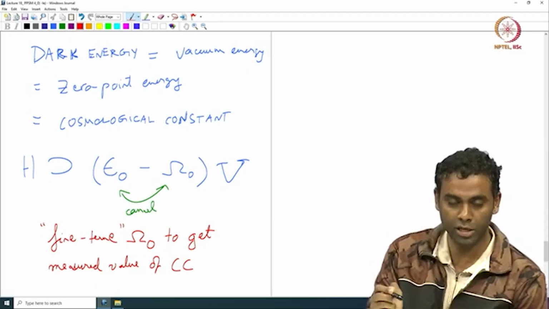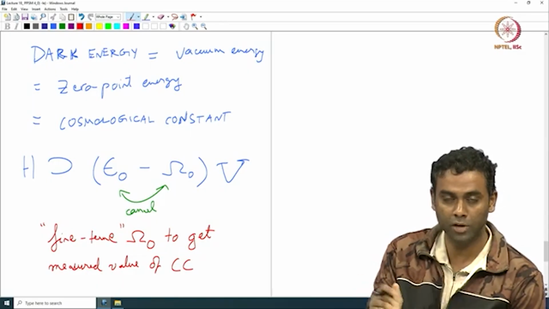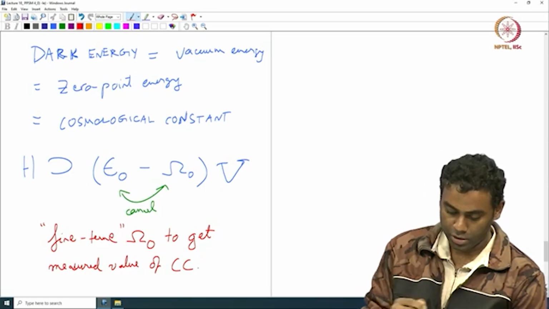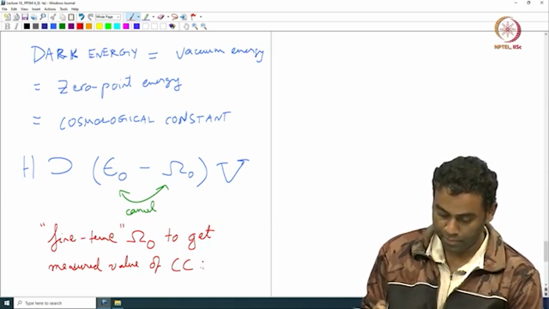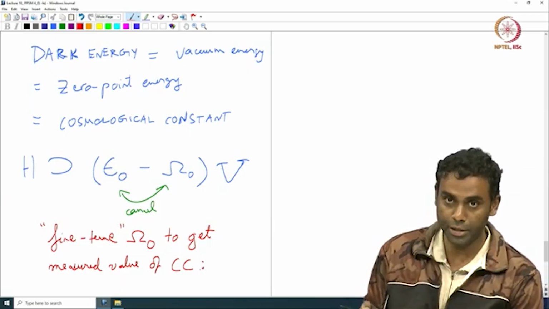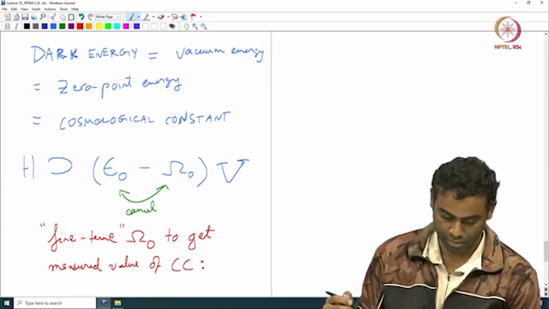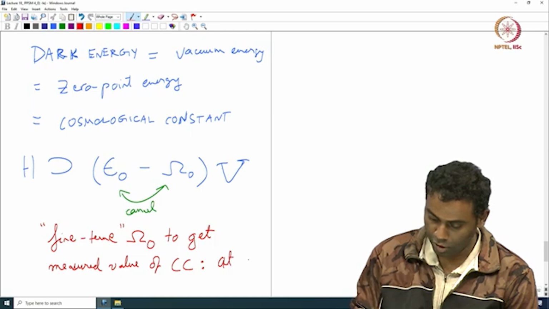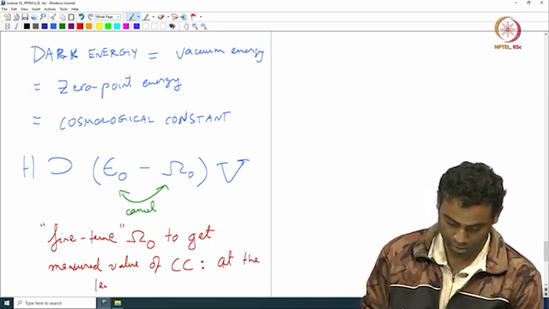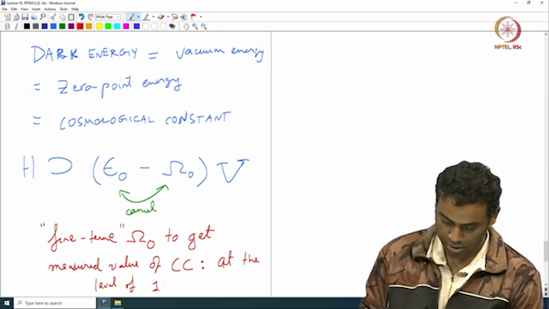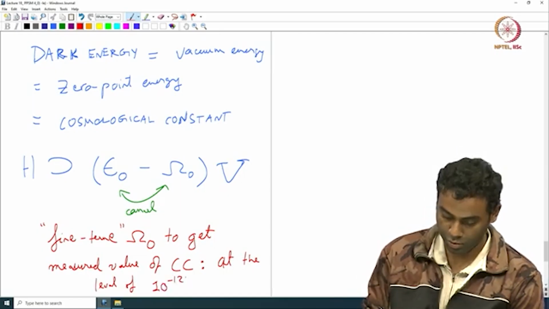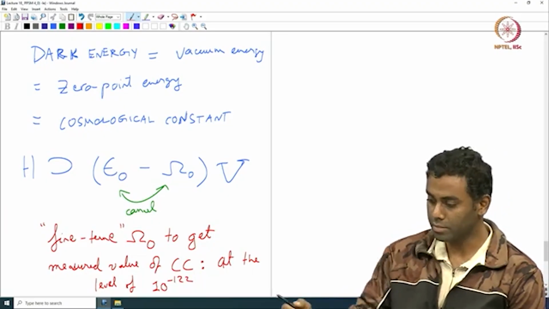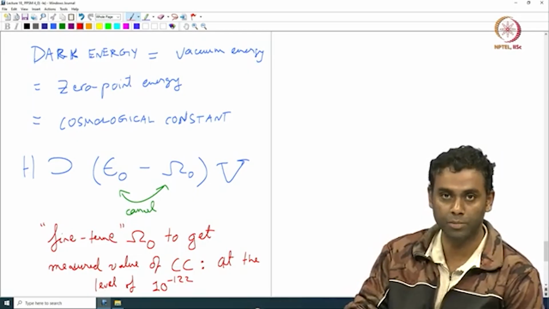Dark energy, vacuum energy, 0 point energy, cosmological constant, they are all interchangeable as far as our course is concerned. Okay. So let me just, for completeness, write, we are asking that this be fine tuned at the level of 10 power minus 122. It just means you want a cancellation of 122 decimal places.